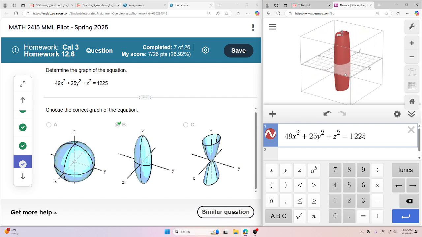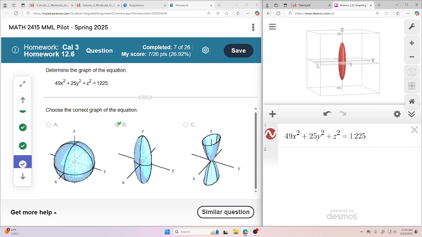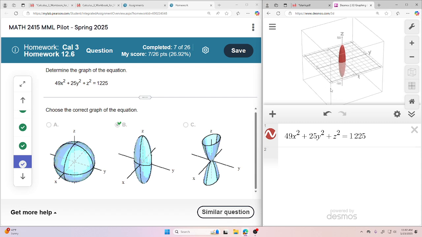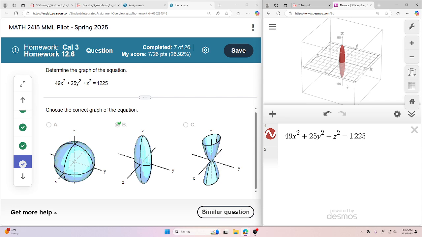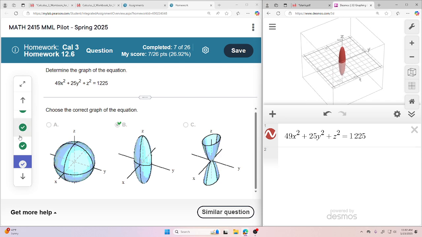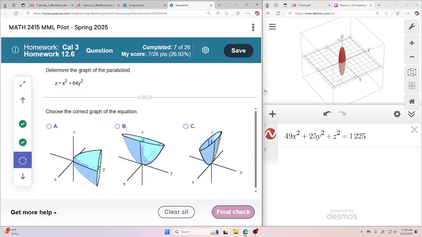I can zoom out, I can move it around and look. That is super awesome, and I would say please try to do that. On the final, you can use this, so why not, right? Actually, I don't know if you can. I'm going to have to ask about that. The boss can verify.